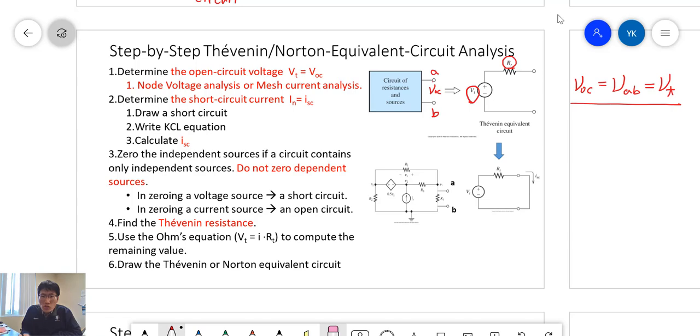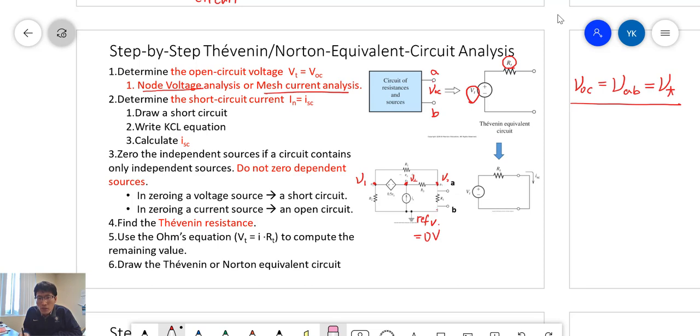Go back to the original circuit, and then we can calculate the VOC by using node voltage analysis or mesh current analysis. In node voltage analysis, you can determine the nodes and node voltages V1, V2, V3, something like that, and this is the reference voltage, which means the ground voltage, 0.